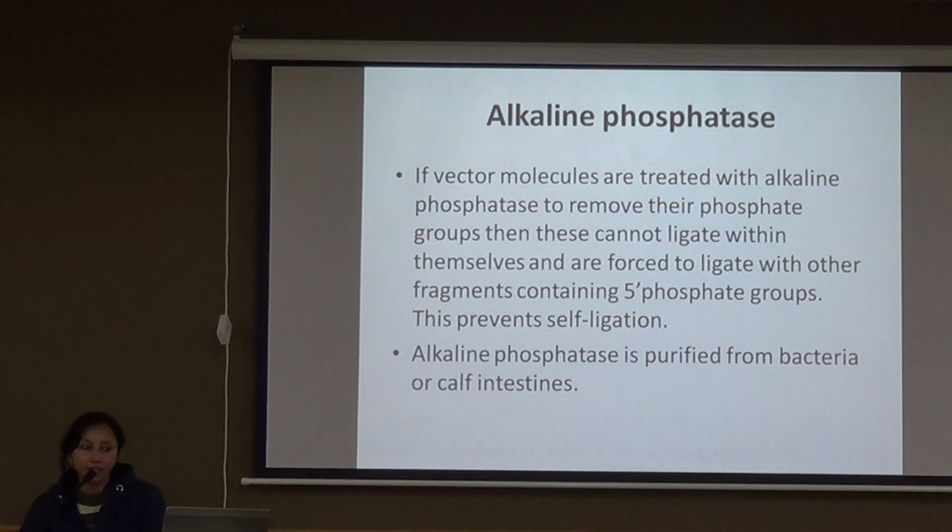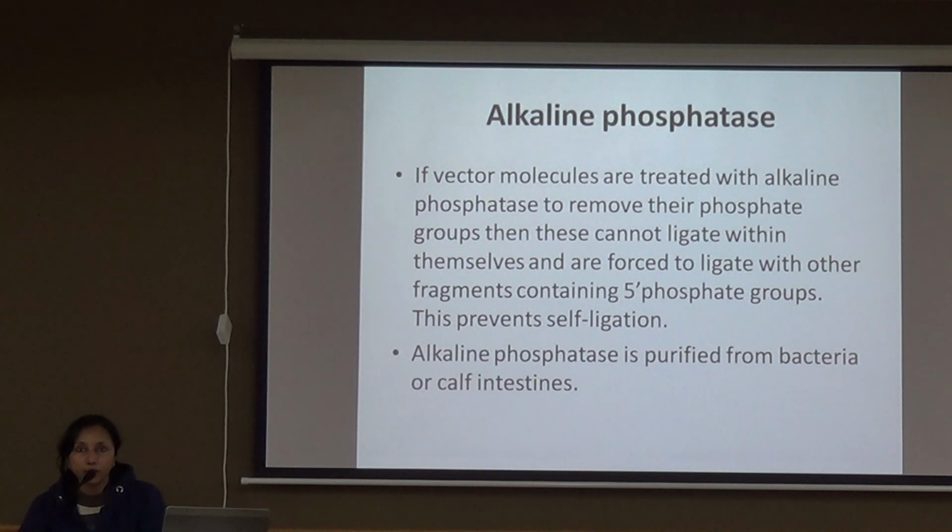We use alkaline phosphatase, which again is an enzyme. This enzyme removes phosphate from the 5' end of the cleaved site of the vector. So now the vector is left with only the 3' OH group. Thus, no phosphodiester bonds would be created, no joining by ligase will take place, so the vector is now not able to self-ligate.